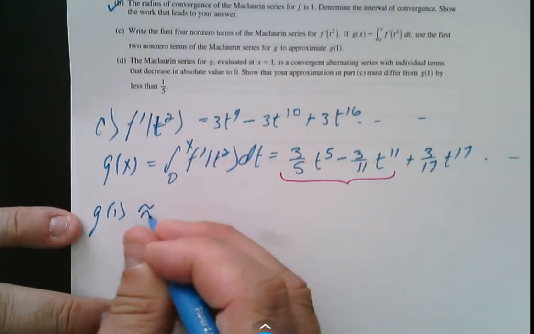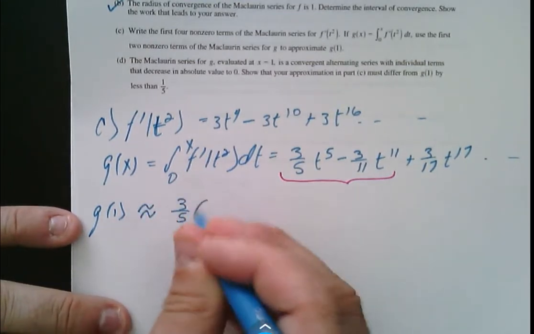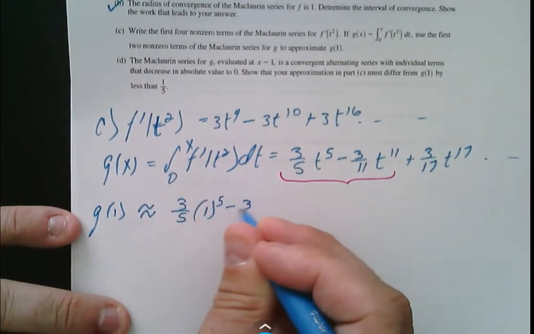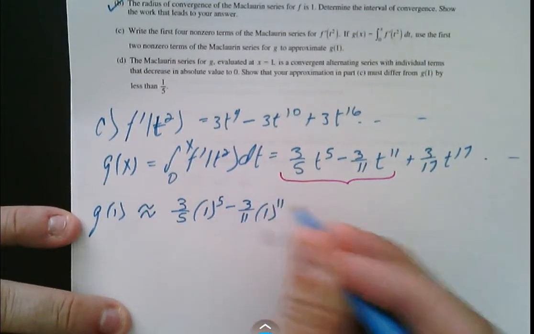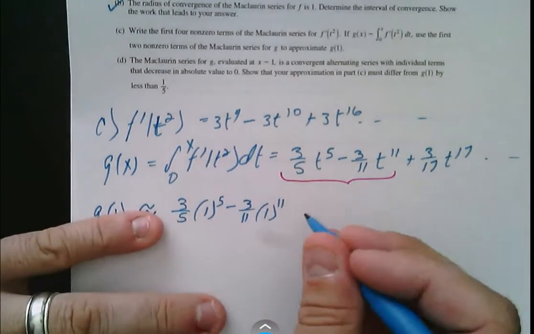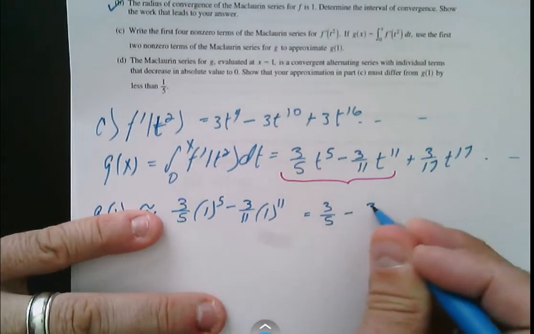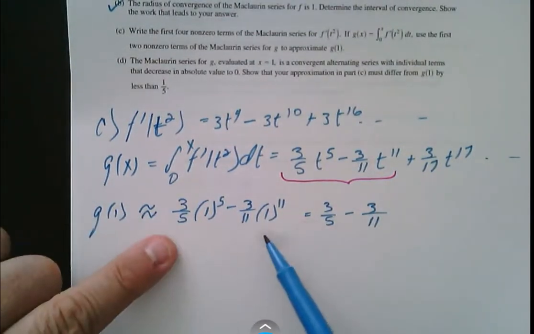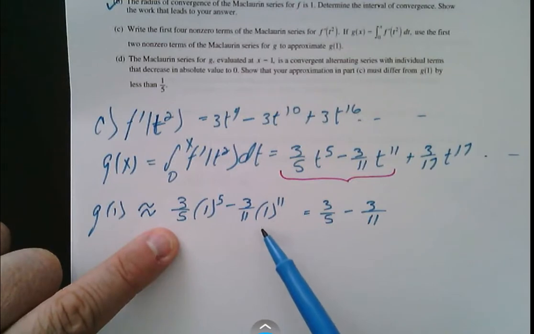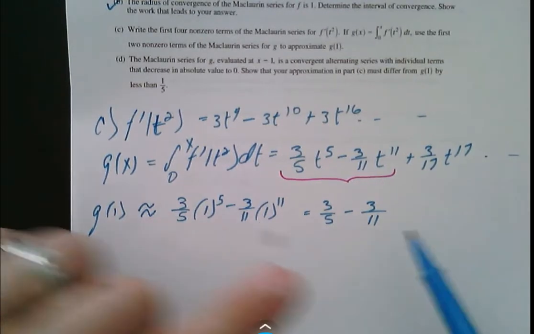G of 1 is approximately 3/5 times 1 to the 5th power minus 3/11 times 1 to the 11th power, which is 3 over 5 minus 3 over 11. Again, this is a perfectly acceptable answer. No need to simplify.